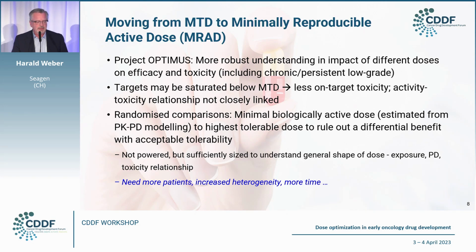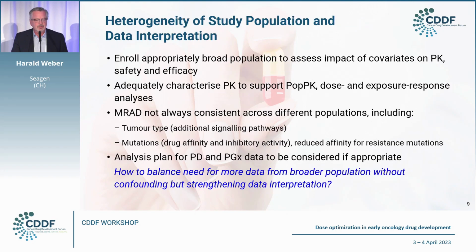But, and this is very important for all stakeholders, that requires more patience in early drug development, that increases the heterogeneity of the patient population to be included in phase 1 studies, and it, of course, requires more time.